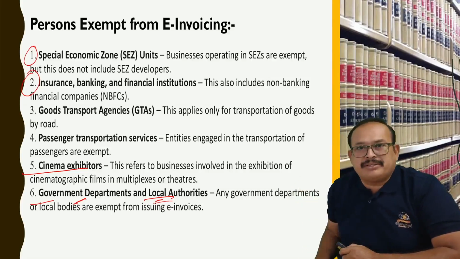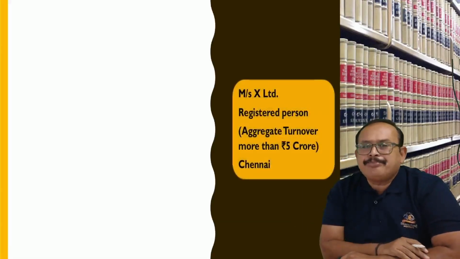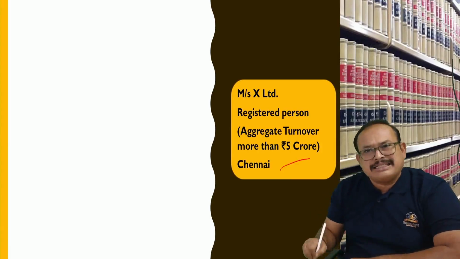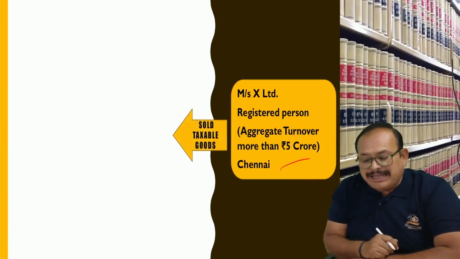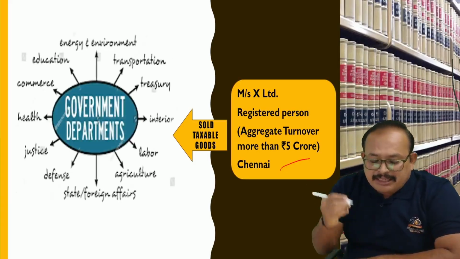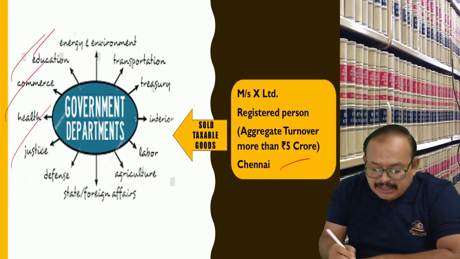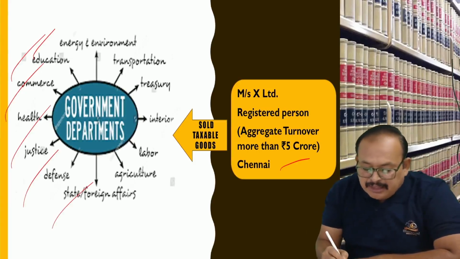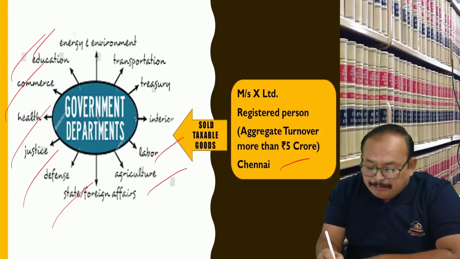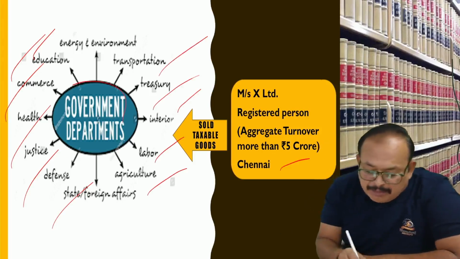If they are recipients, supplied by some other party, here X Limited, a registered person with aggregate turnover more than 5 crores in Chennai, supplies taxable goods, for example, to government departments such as the education, commerce, health, justice, defense, foreign affairs, agriculture, labor, interior, treasury and transportation departments.